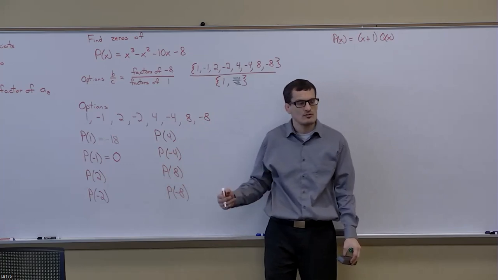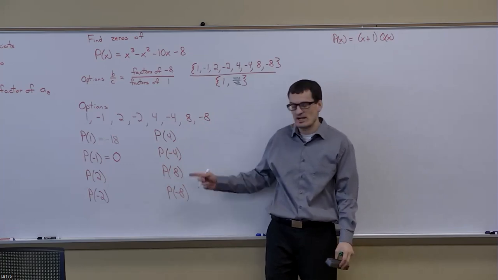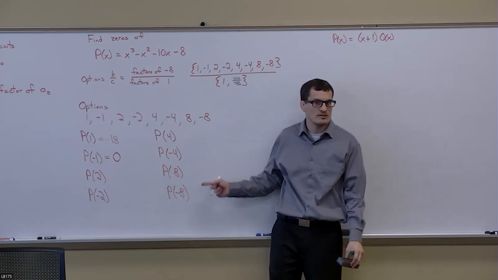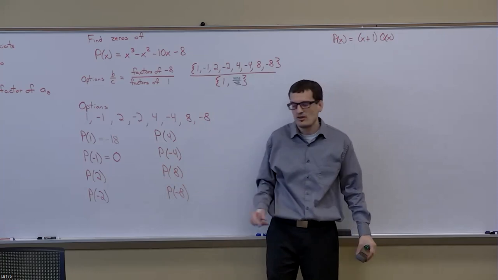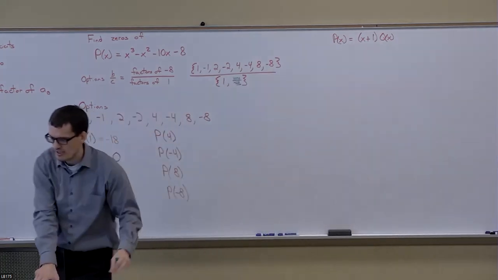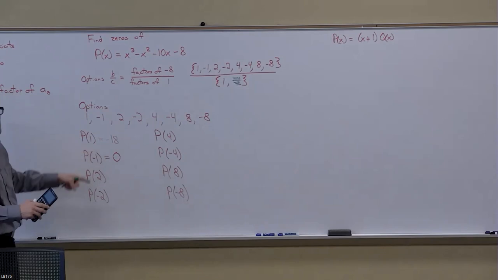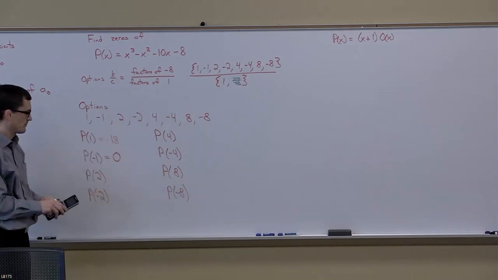If there's another rational 0 or another couple of rational zeros, they're going to show up on this list. That makes sense? So I'm just going to keep plugging things in to see if there's any more zeros on this list.